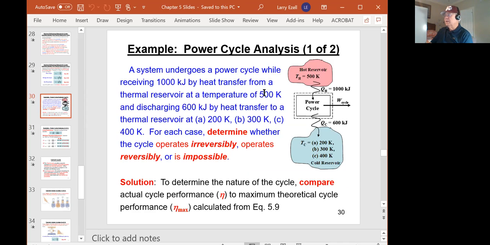Okay, reservoir temperature 500, 600 kilojoules. So it got 1,000 kilojoules flowing in and 600 kilojoules coming out. I'm not sure what he's saying here.